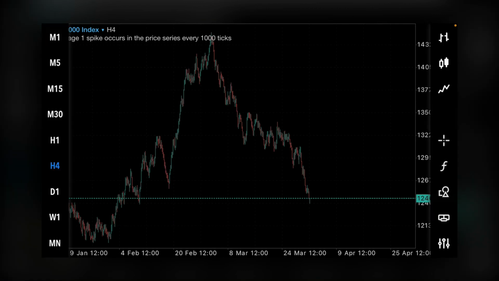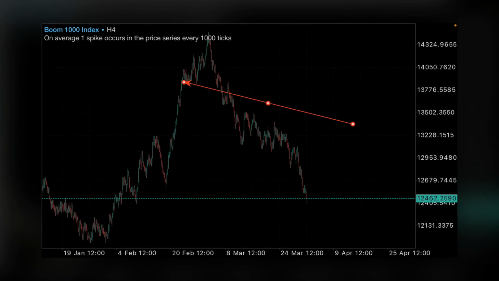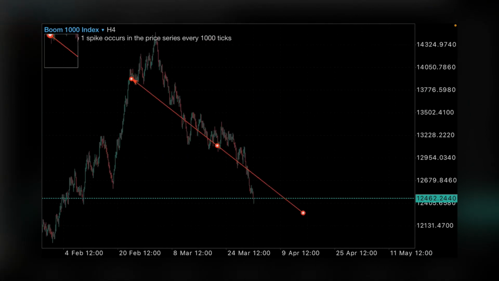Instead, in a downtrend, this is what you do. Let's say your entry was late. Wait for price to make the impulsive move. Then, after making such impulsive move, wait for price to make a retracement.